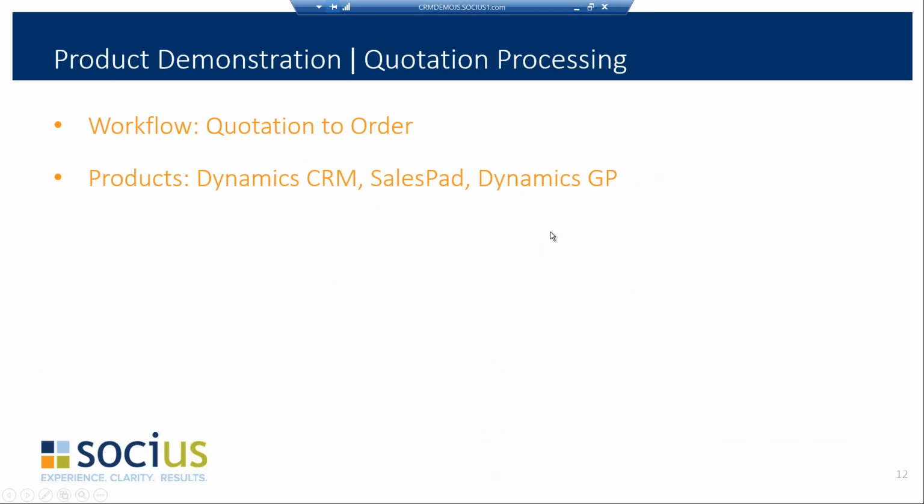So ultimately what we covered at first was basically just a lead or an opportunity, being able to prepare a quotation, and then being able to see a dashboard with the sales activity.